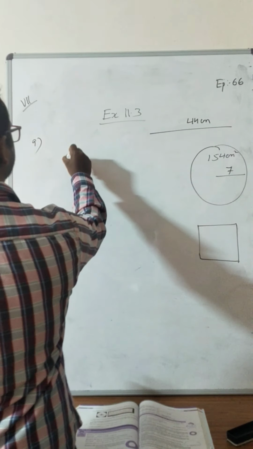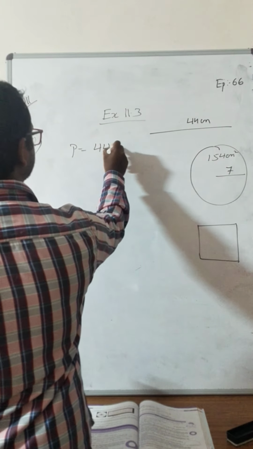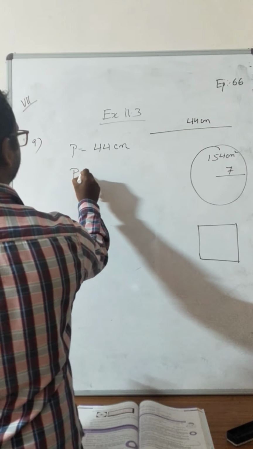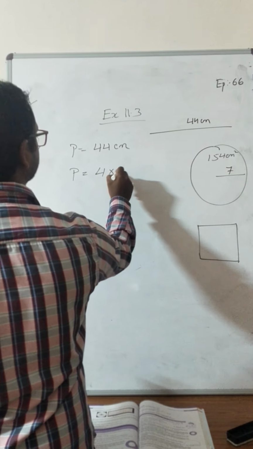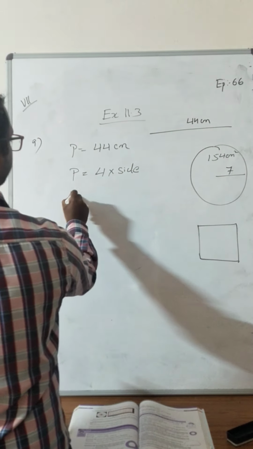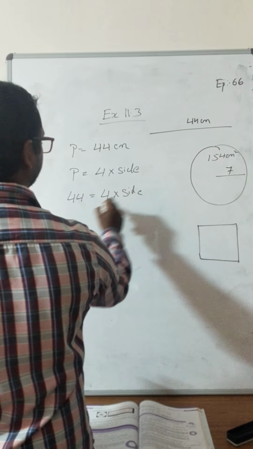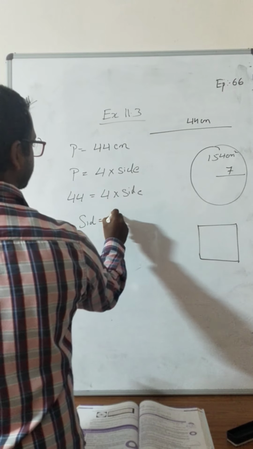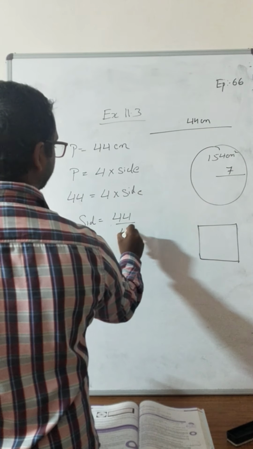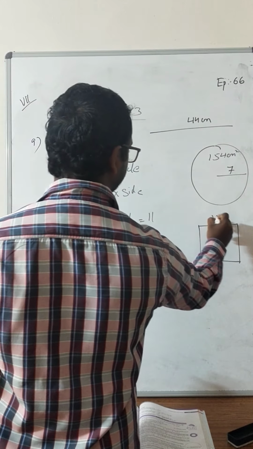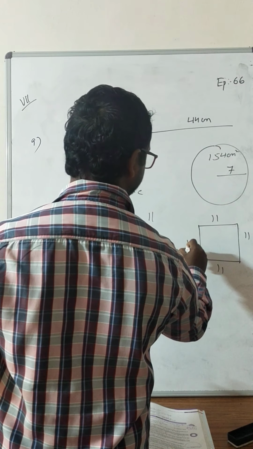We know the perimeter of square is 4 into side. So 4 into side is 44, we will get side is equal to 44 divided by 4, which is equal to 11. So this is 11, this is 11, this is 11, and this is 11.